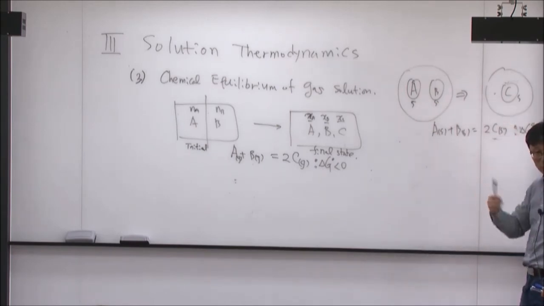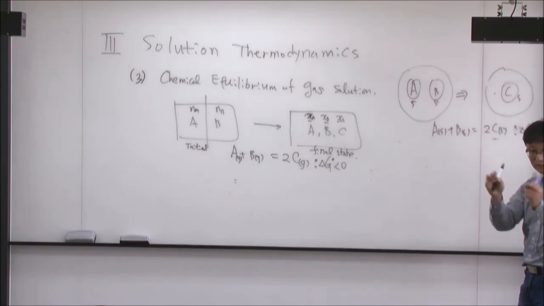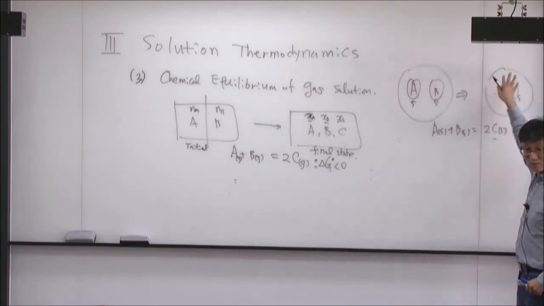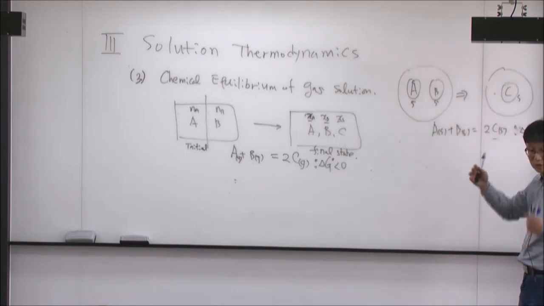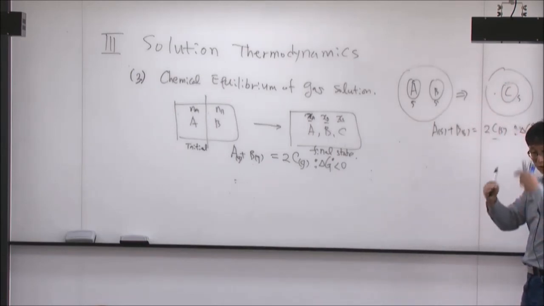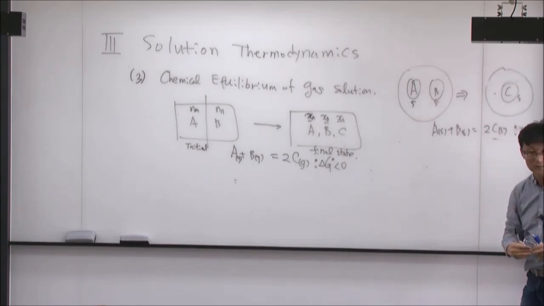So by making all C, you can actually reduce Gibbs energy to the minimum. Is it okay? You are basically under the mass balance condition, under the same mass of A and B, without generating any new mass. You just count different conditions to minimize the Gibbs energy. Okay?